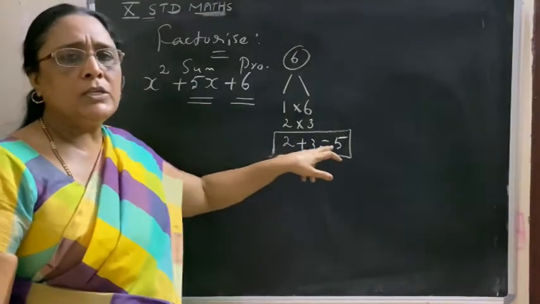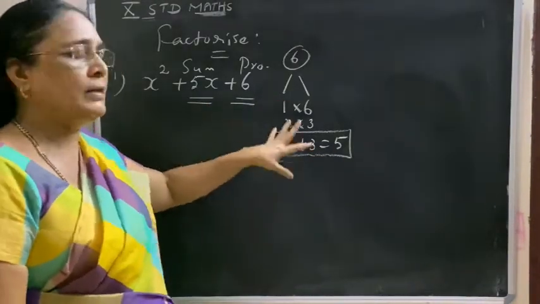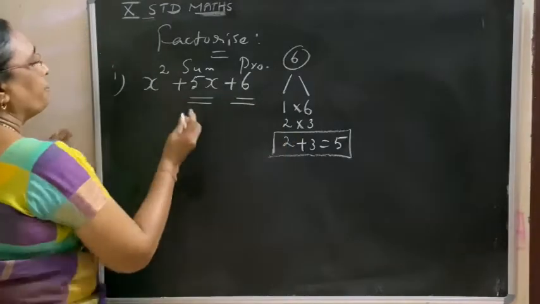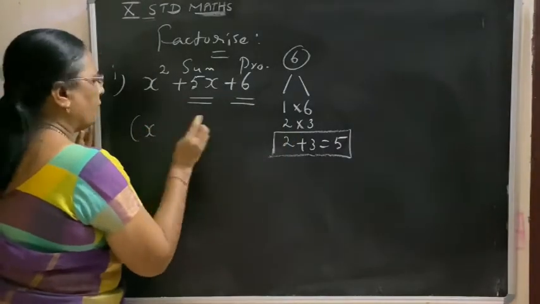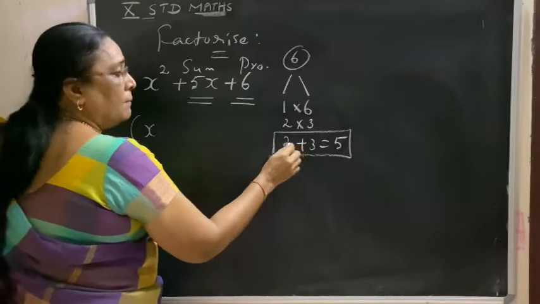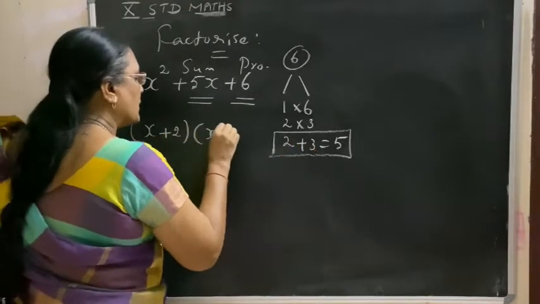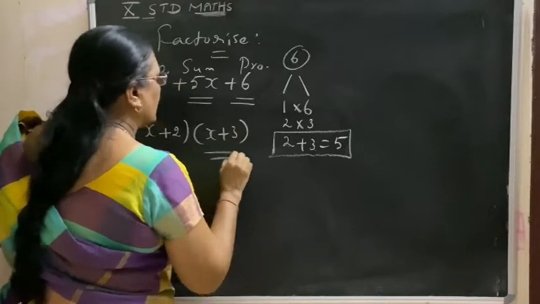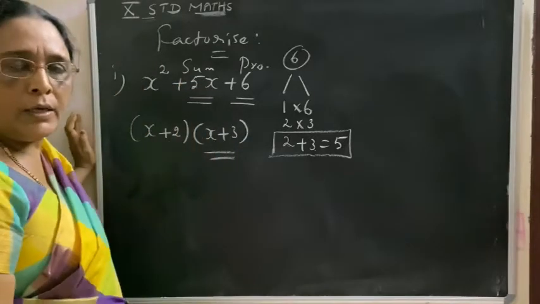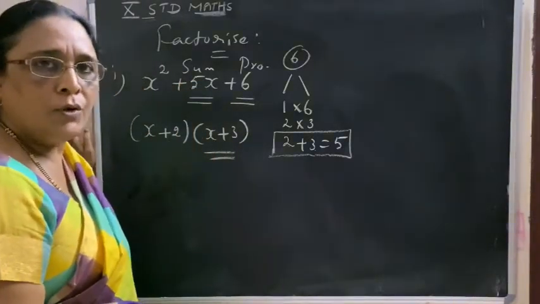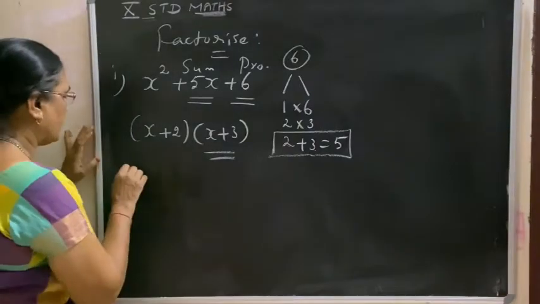If you multiply these two numbers, definitely you will get 6. So we can write the factors by using these two: x plus 2 and x plus 3. These two are the factors of the given quadratic polynomial. Do you follow?